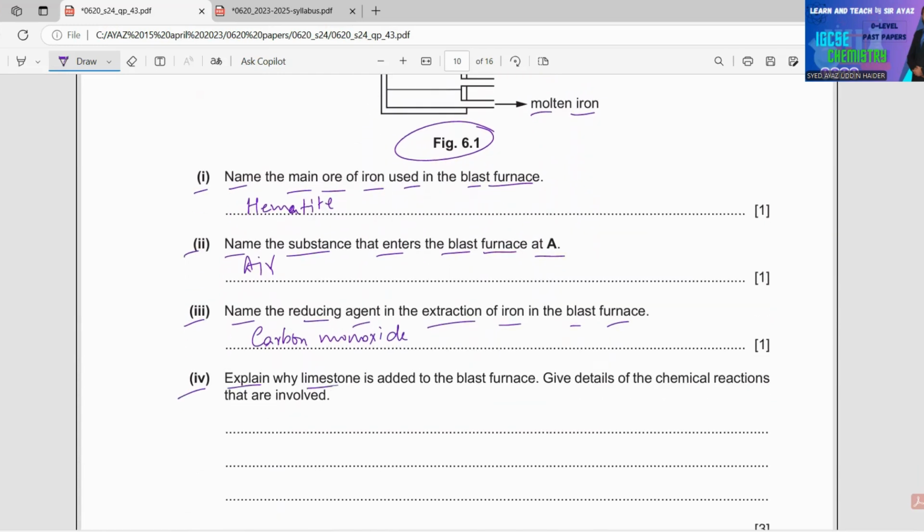Number 4, explain why limestone is added to the blast furnace. Give details of chemical reactions that are involved. So limestone is used to remove the impurities. It initially decomposes into calcium oxide and carbon dioxide.